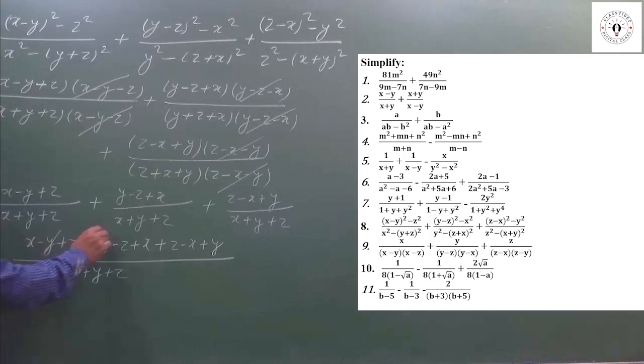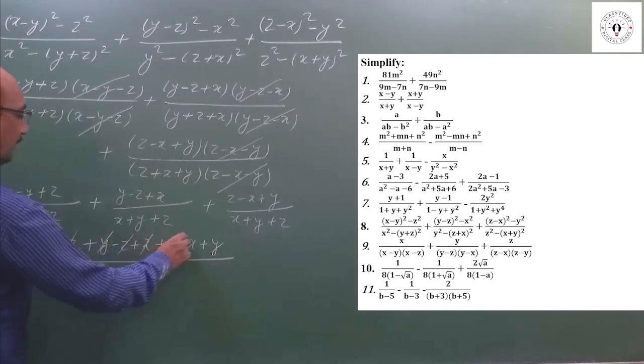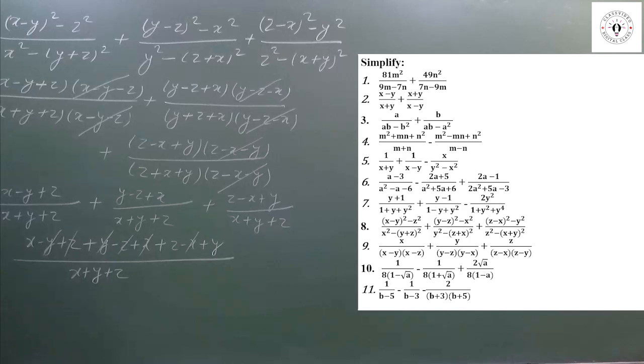Minus y plus y cancel, plus z minus z cancel, plus x minus x cancel. Then what is left here? Here x is left, here y is left, plus y, and here plus z. Denominator also the same, x plus y plus z.